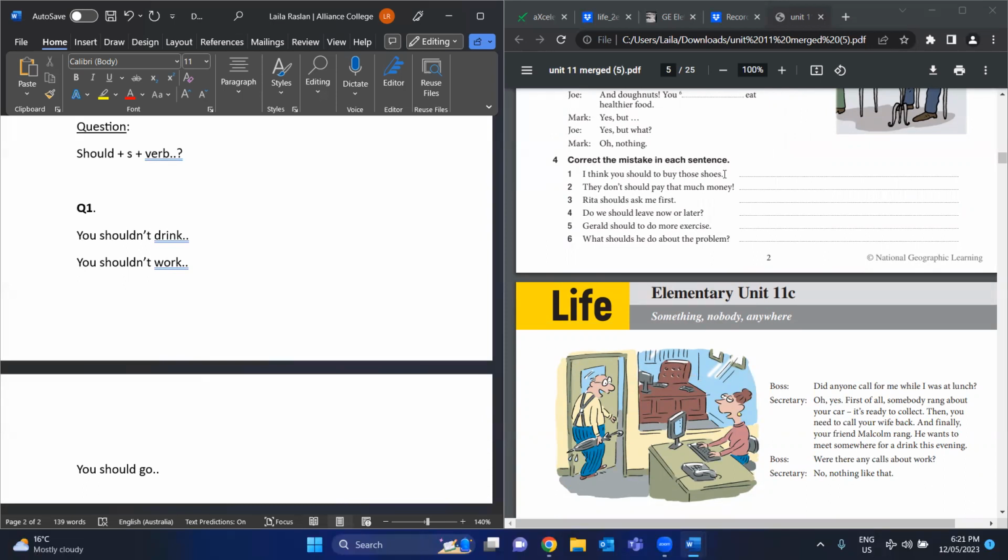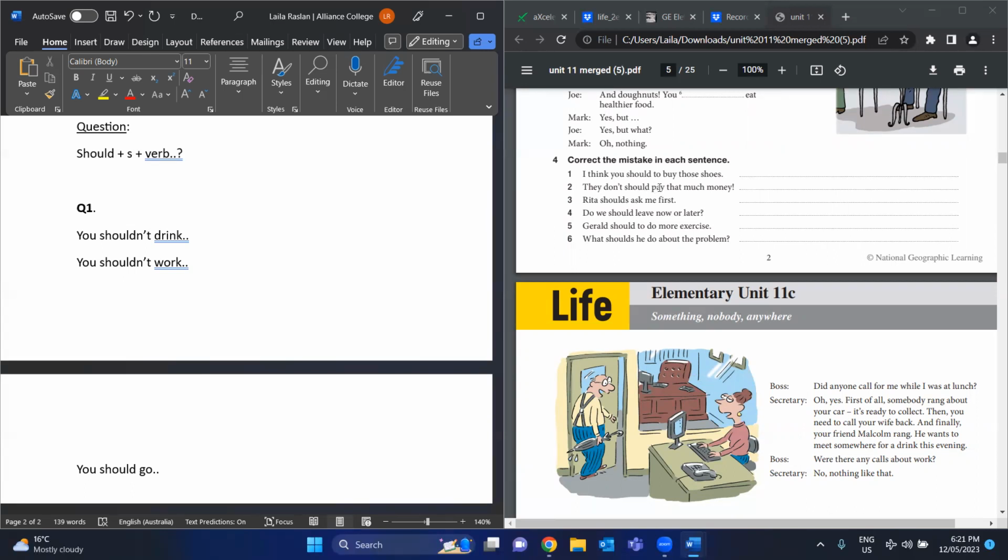Number 2, what mistake is there, Joanna? They should. Yes, so we can take off don't. They shouldn't pay that much money. So we're going to make the should a negative.